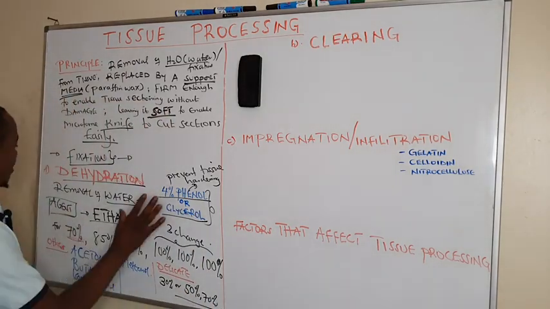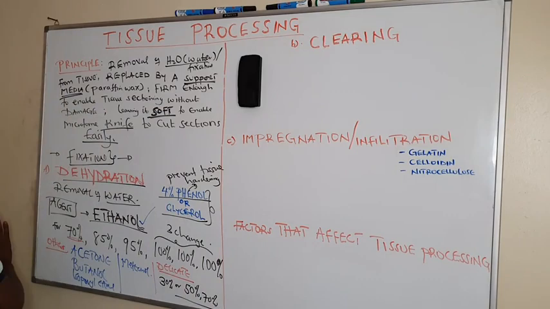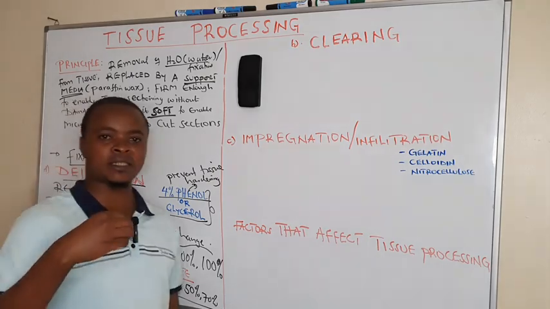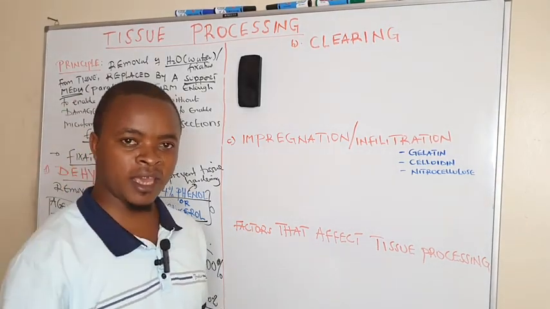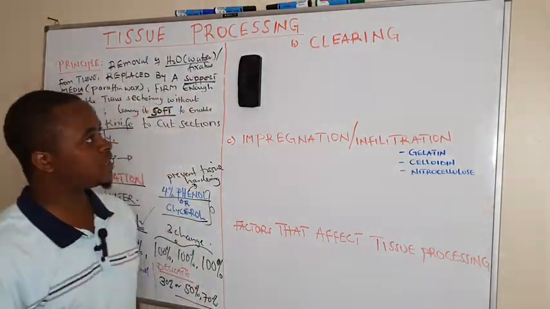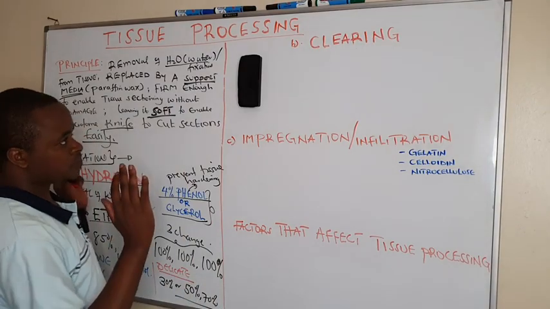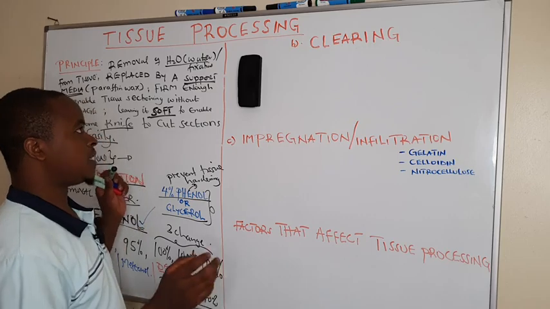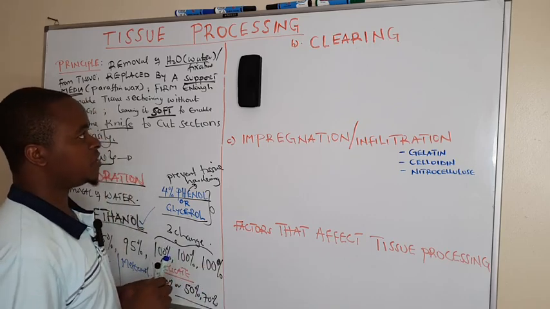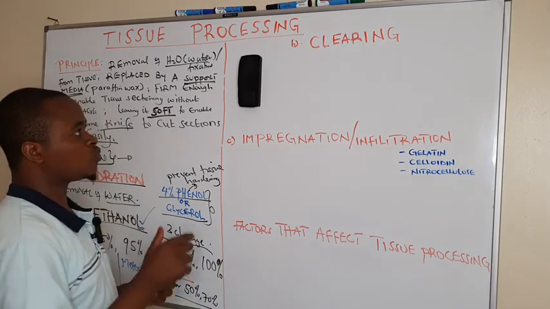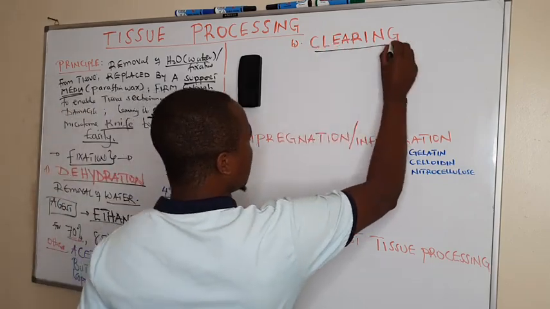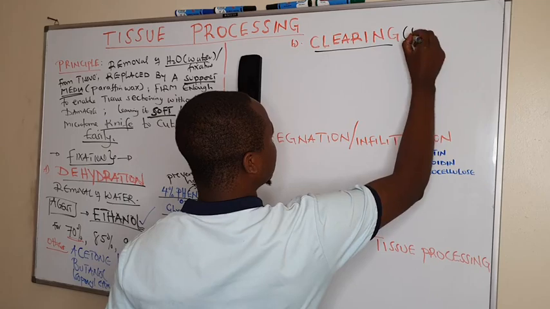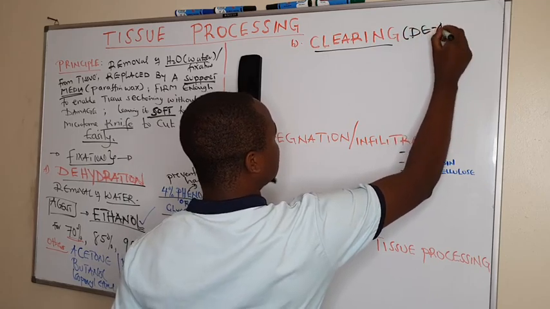And after we have removed all the water, we have to replace it with an agent which is miscible with both the paraffin wax and the dehydrating agent. And that leads us to what we call clearing. Sometimes you can call it de-alcoholization.